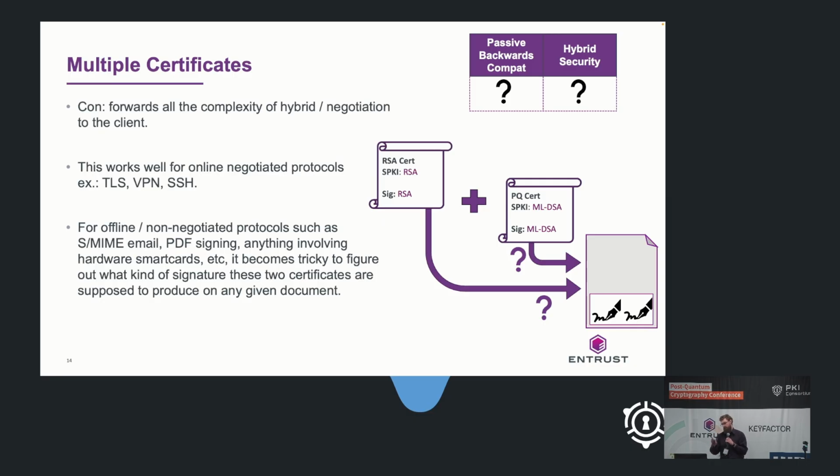This is going to get really complicated. In particular, okay, I've got two certificates. What do I do with my two certificates? How do I take my two certificates and sign one document? Do I use one? Do I use the other? Do I use both? When do I use both? How do I combine them? I think outside of TLS, this approach becomes very complicated very quickly.